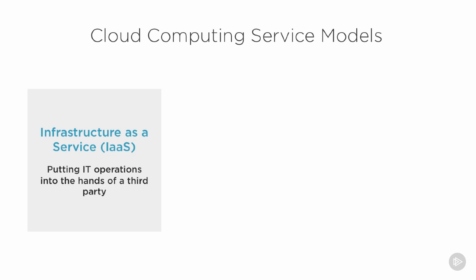This actually puts all of our IT operations into the hands of that third party. And many organizations have done this in the past. It's just now that almost everything is becoming this term, as a service. This type of service has been available for years, and it certainly has continued in the cloud computing model.